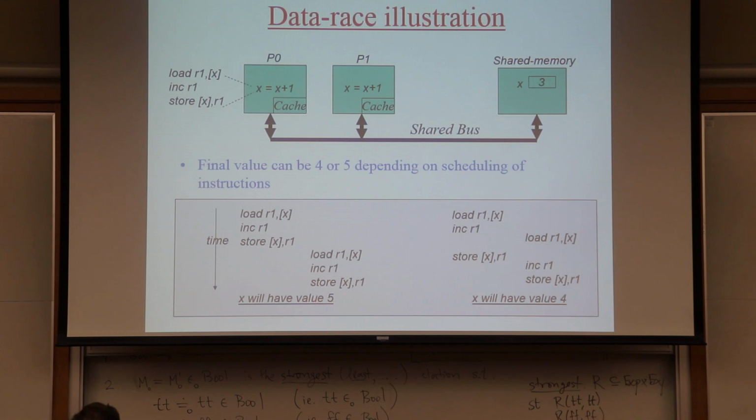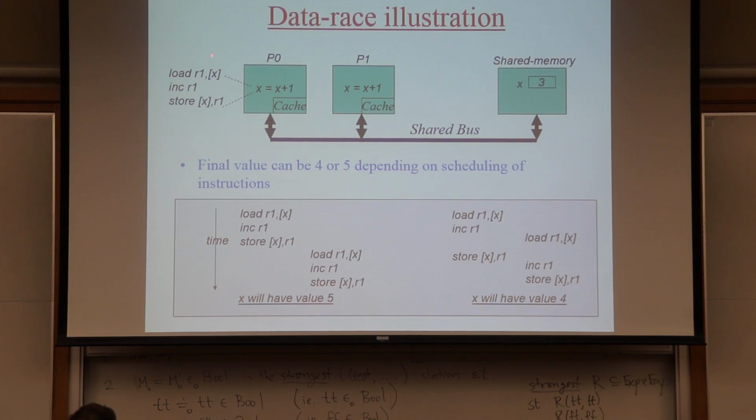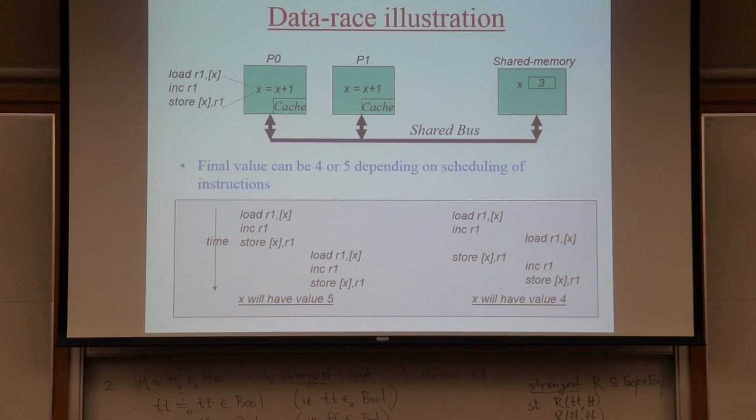Well, this gets translated by the compiler into something that looks like this. Load from address x into register 1, increment register 1, so I'm just adding 1 to it, and then store into address x. And this guy does exactly the same thing also.